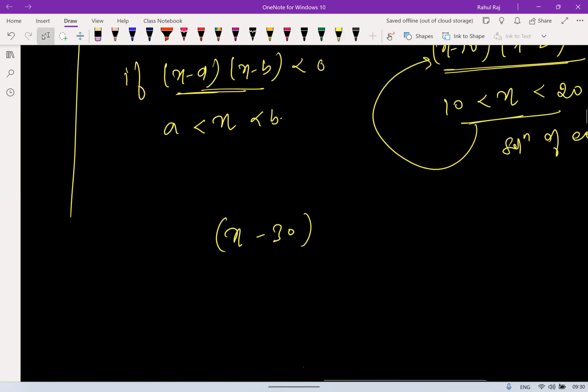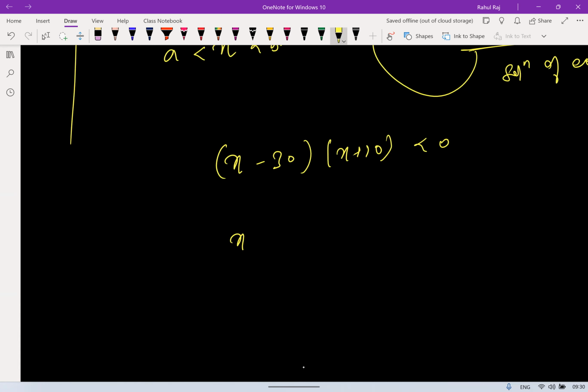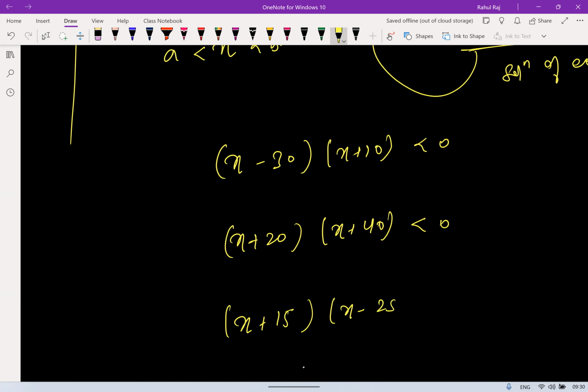Imagine there is x minus 30 into x plus 10 less than 0. Or x plus 20 into x plus 40 less than 0, or x minus 15 into x minus 25 less than 0.